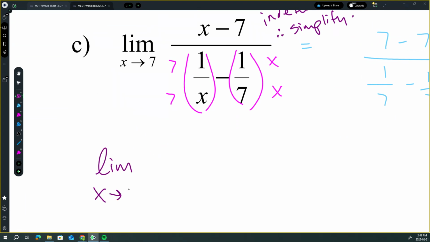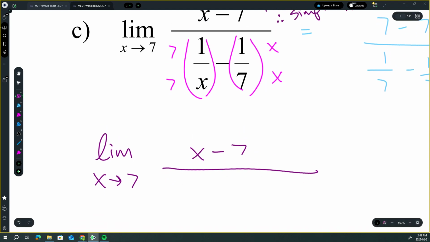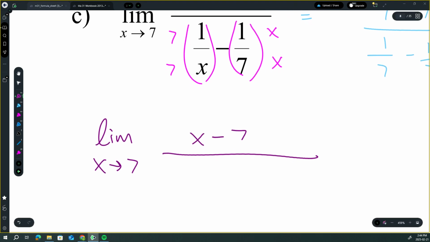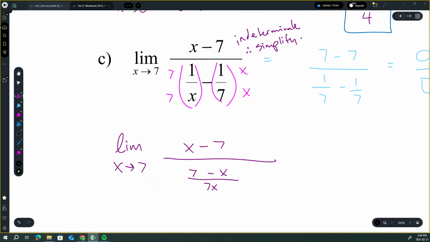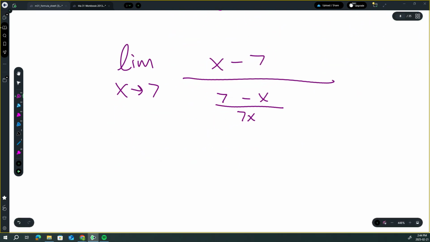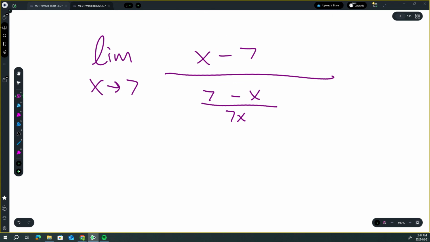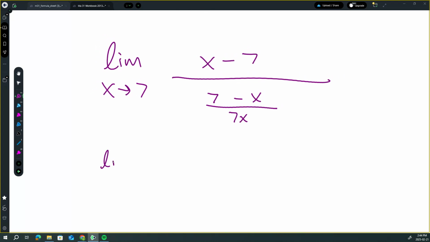Okay, so the limit as x approaches 7, so we have x minus 7. I'm going to draw this divide by line a little bit bigger, so hopefully it's easy to tell the difference between the divide by sign in the denominator. So for the first term, that's 7 minus x, all divided over 7x. Now, I think I'll do this a little bit stepwise so it's easier to follow.